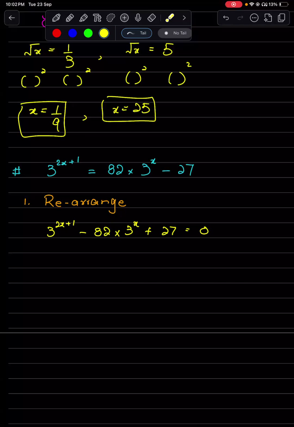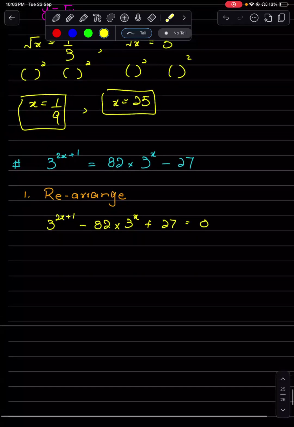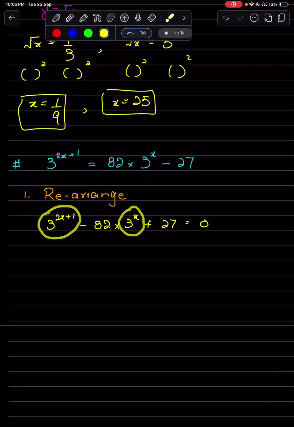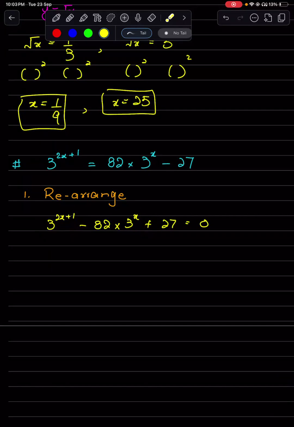Now my variable term is this and this. Always the second highest power term is the one that I have to choose to make equal to some other variable. I told you that the first highest power and the second highest power are actually double of each other. But here, how can they be double of each other?